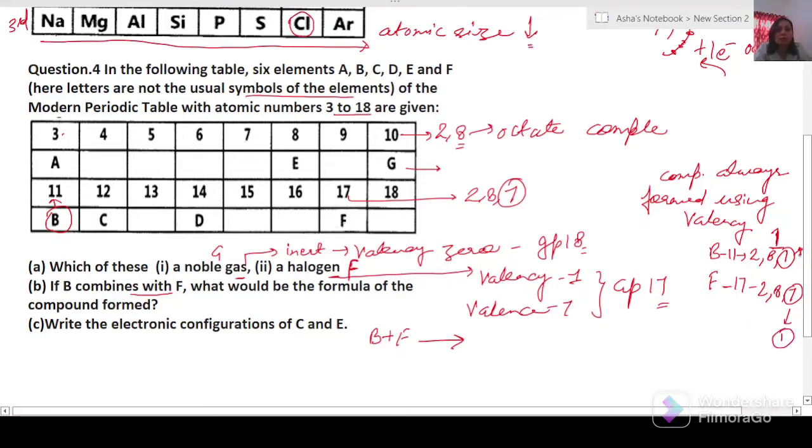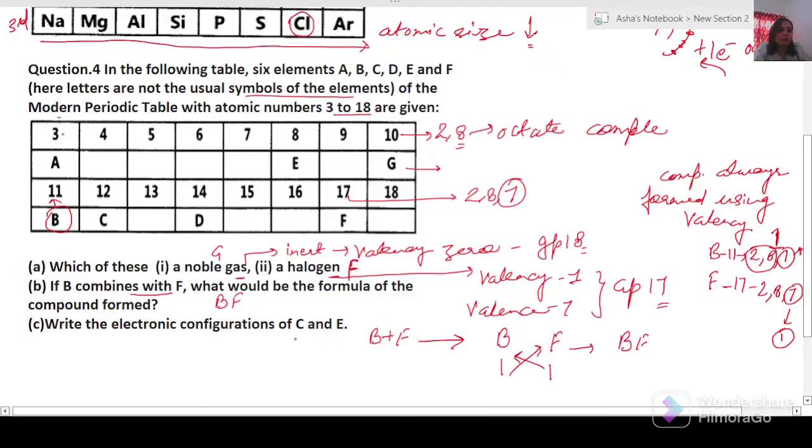So they both have valency 1. B valency is 1, F valency is 1, so this one will go there, this one will go to its neighbor, so it will be BF. If the valency is 1, it is never shown, so the formula will be BF only.